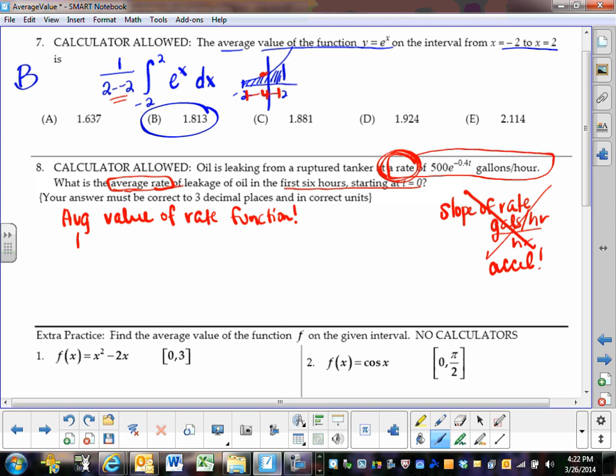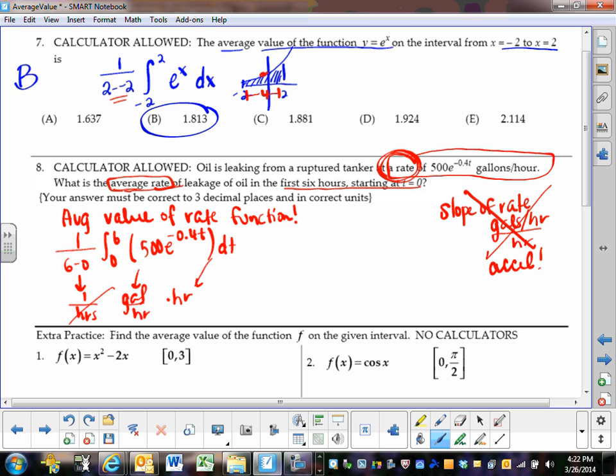So if I do 1 over 6 minus 0, because we're doing the first 6 hours, 0 to 6, the rate, 500 e to the negative 0.4t dt. Then if you think about this, I have 1 over hours, gallons per hour, times hours.